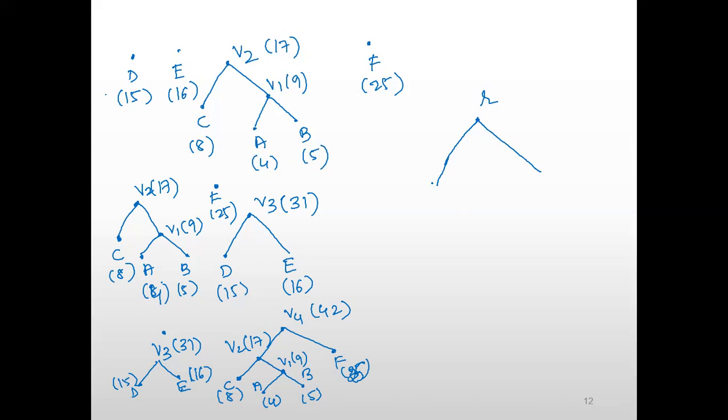Here we are adding V3 and V4. V3 is having weight 31 and V4 is having weight 42. And V3 is having a structure that is DE with the corresponding weights 15 and 16.